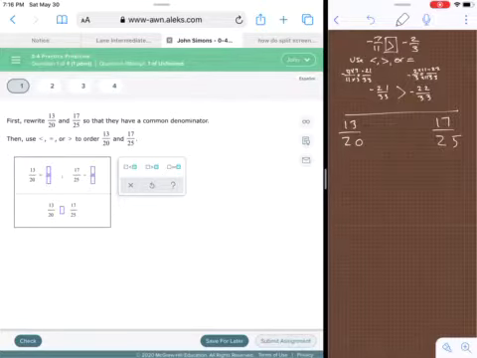So I guess you kind of think about it. Well, 20, the next multiple would be 40, then 60, then 80, and 25 doesn't go into any of those. But it does go into the next one, which is 100. All right? So they would both work over 100.